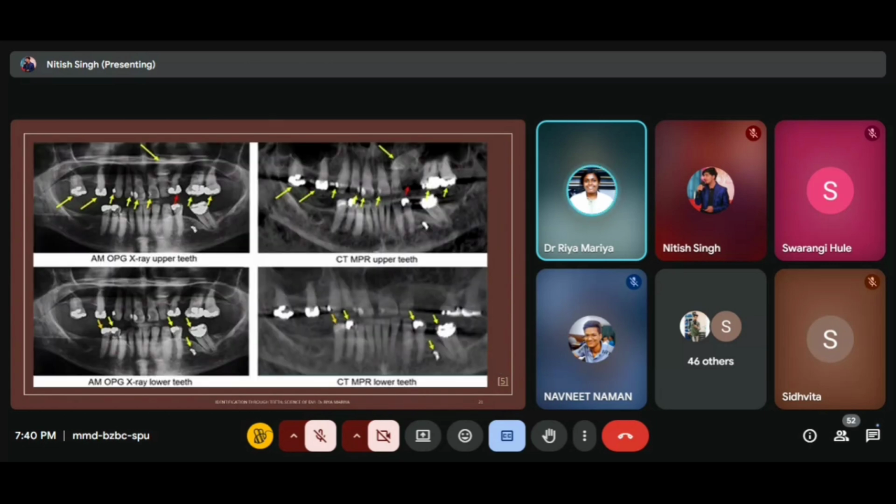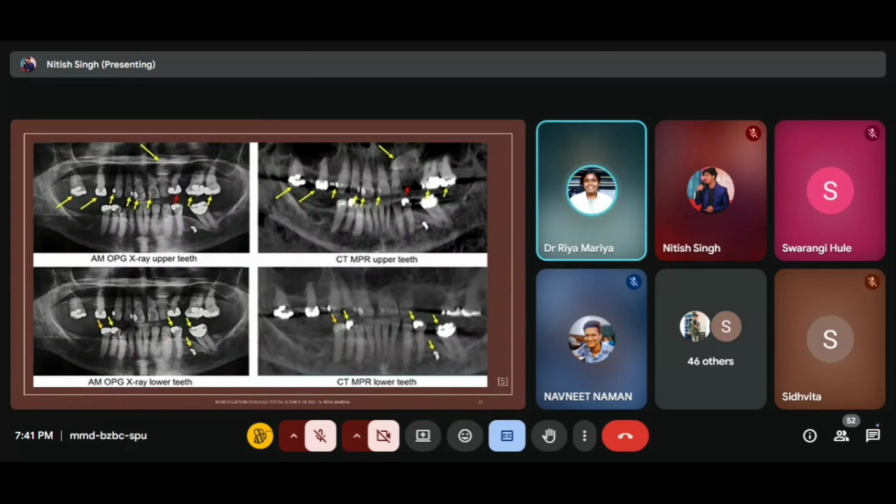Okay, this is also matching. So this first picture is the antemortem OPG X-ray. Upper teeth are there, lower teeth also there. And in postmortem, if we got the missing person's remains with an intact jaw, in this case the full jaw is intact, we can see that the full jaw is present.